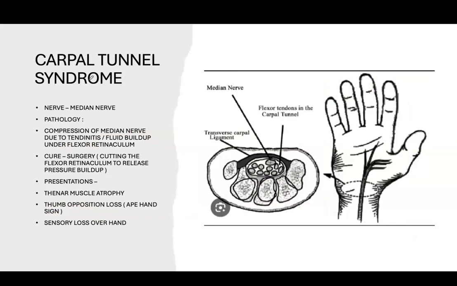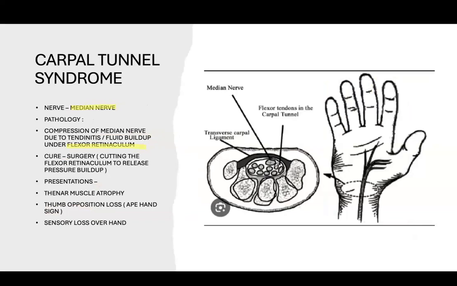So we have carpal tunnel syndrome. The nerve affected is the median nerve, and why? Because we have all of these flexor tendons present here, and we have something called a flexor retinaculum, or transverse carpal ligament is another name for it, surrounding it.